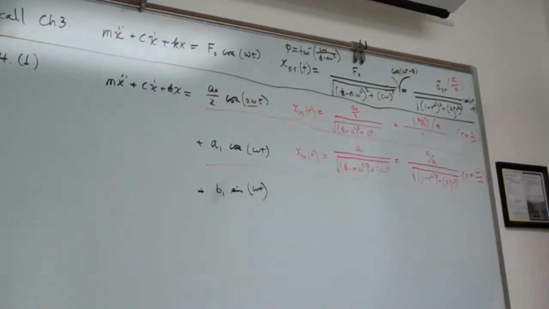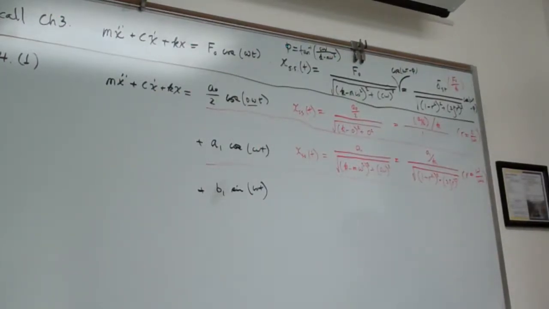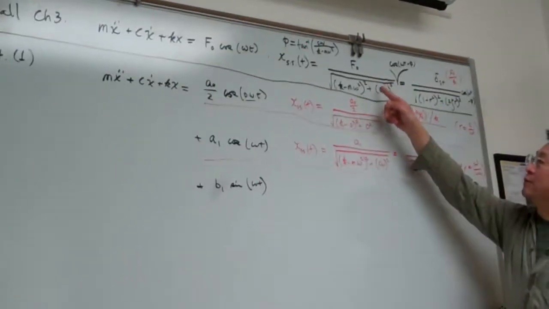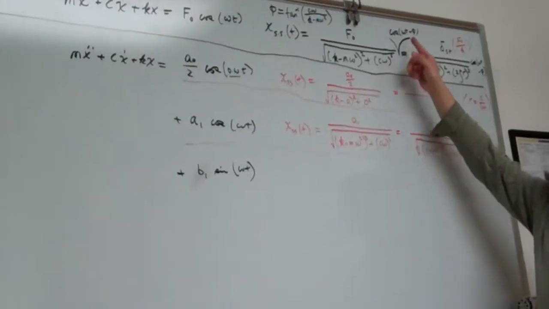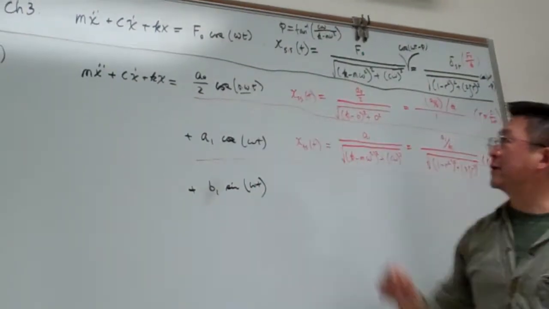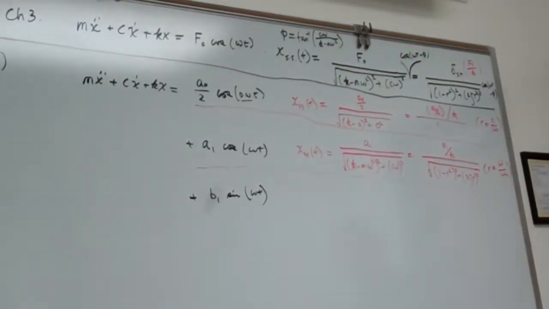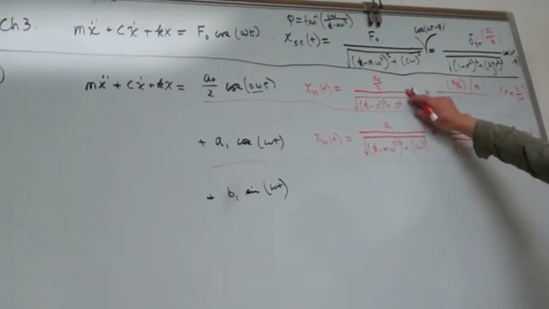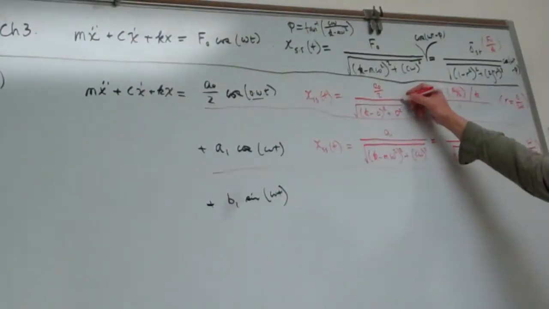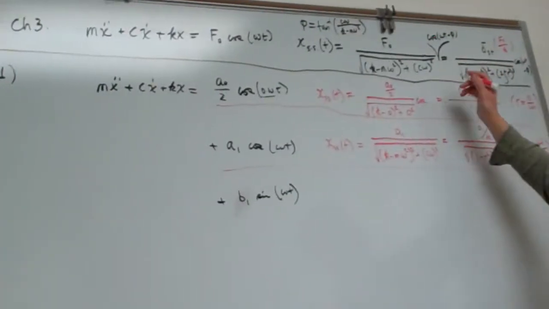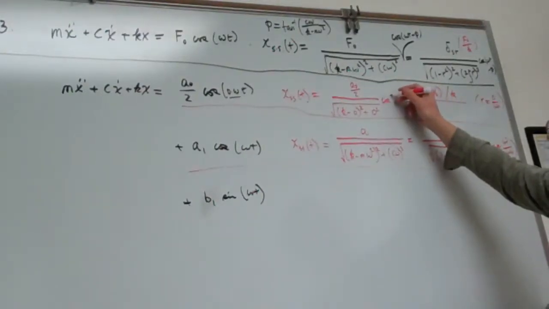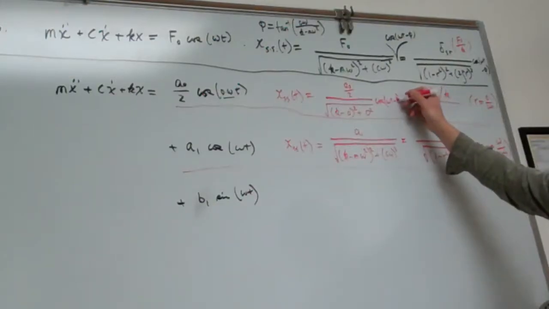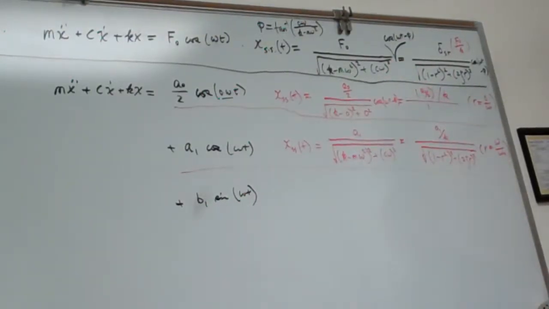The phi is the phase angle, so this is a complete description: magnitude multiplied with cosine, and the cosine follows this pattern here. Basically here I will add it up. This one is multiplied with cosine omega t minus phi, and then we plug the phi into that formula again.